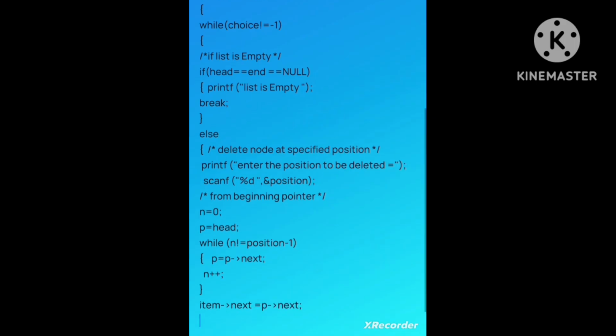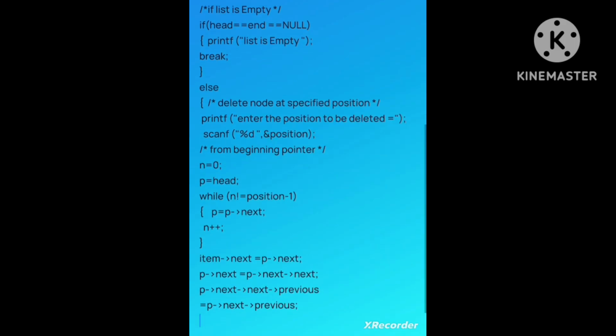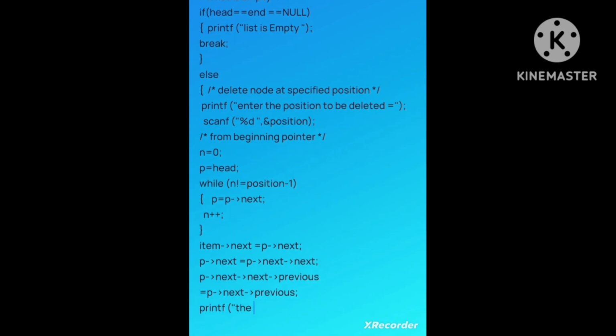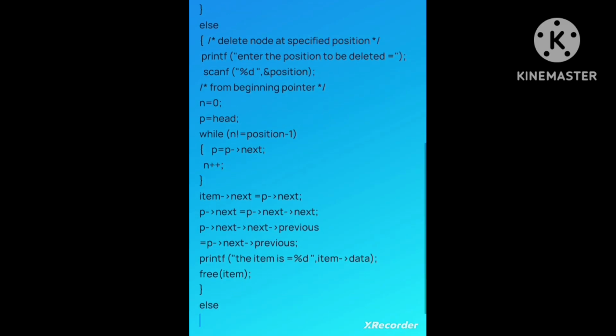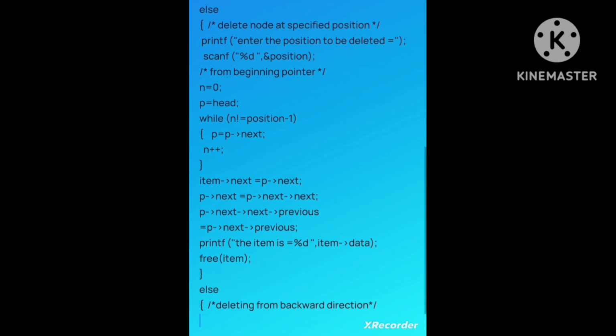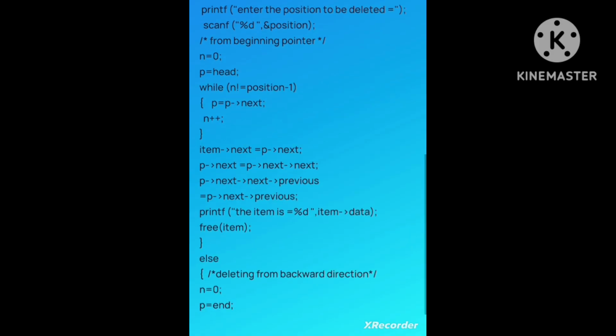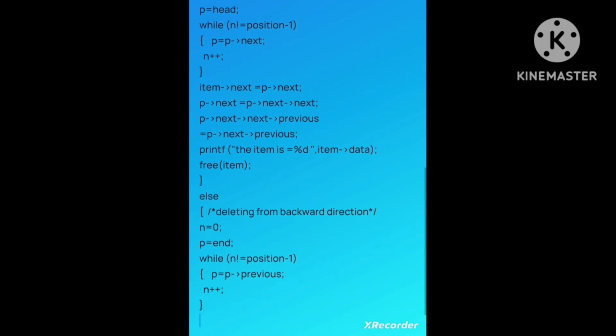We have to stop our traversal pointer, that is the p pointer, at the node just prior to the node to be deleted, and then we will link both the pointers, that is the next pointer and the previous pointer, in both the cases, to its next node, and then free the deleted node to the memory space.